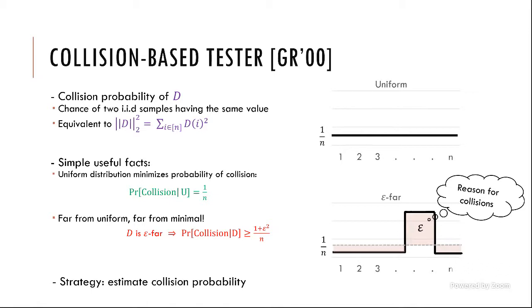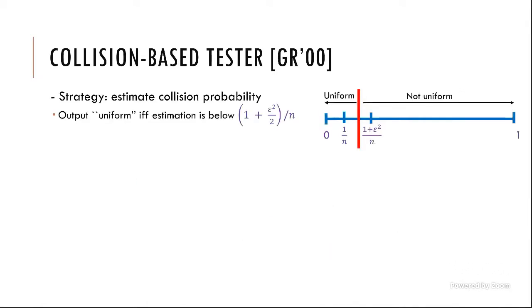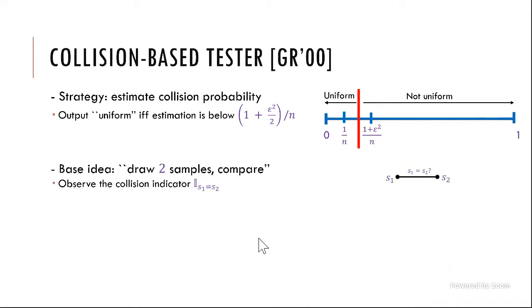Our idea is to estimate the collision probability, and to say uniform if it is low, and not uniform if it is high. So how are we going to estimate the collision probability? The basic idea is that if we draw two samples and compare them, they will be the same with exactly the collision probability.